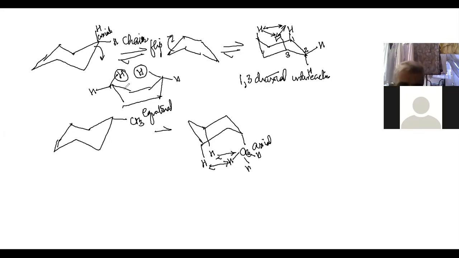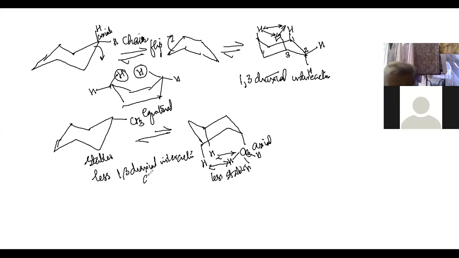Therefore, at equilibrium, this form exists in more percentage. So this is the more stable conformation, and this one is less stable, because here 1,3 diaxial interaction is avoided between the hydrogens and the methyl group.